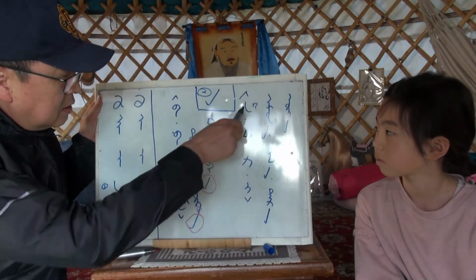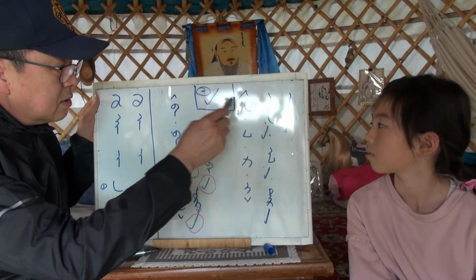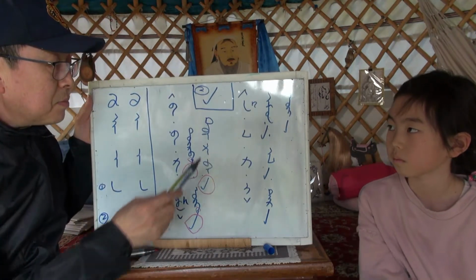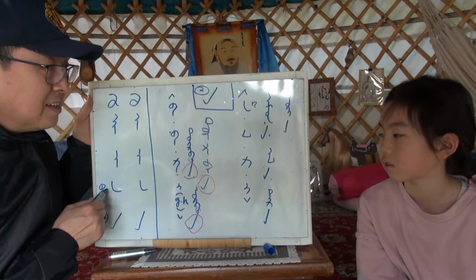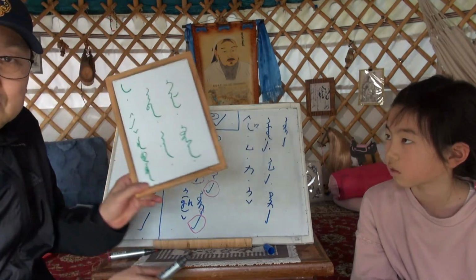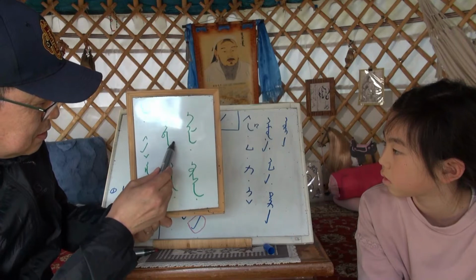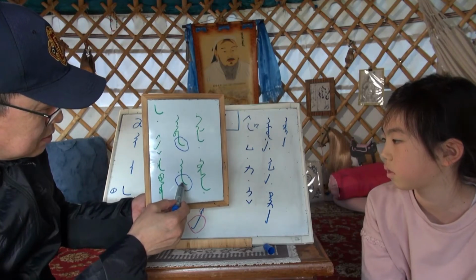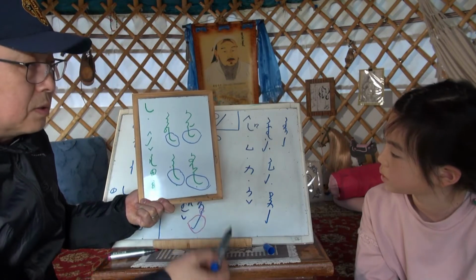After n, you will use number 2, but separately. So you only need to remember this number 2. The rest of them use the tail. For example, you see here, shape number 2, shape number 2, shape number 2.